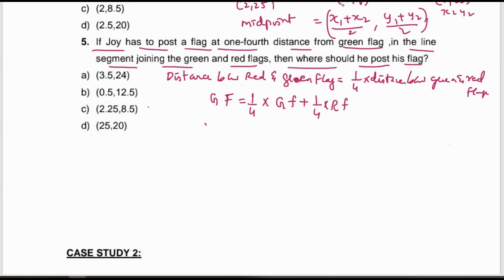So green flag, this plus goes to the other side and becomes minus, 1 by 4 times of green flag will be equal to 1 by 4 times of red flag.